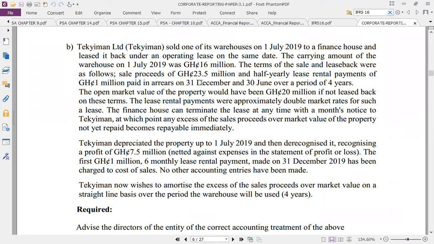This profit, we call it deferred income or deferred profit. It must be deferred into the future, because until the lease is over, you cannot say you've made that money. You've made money only to the tune of the fair value at the date of the sale. Okay, let's see.